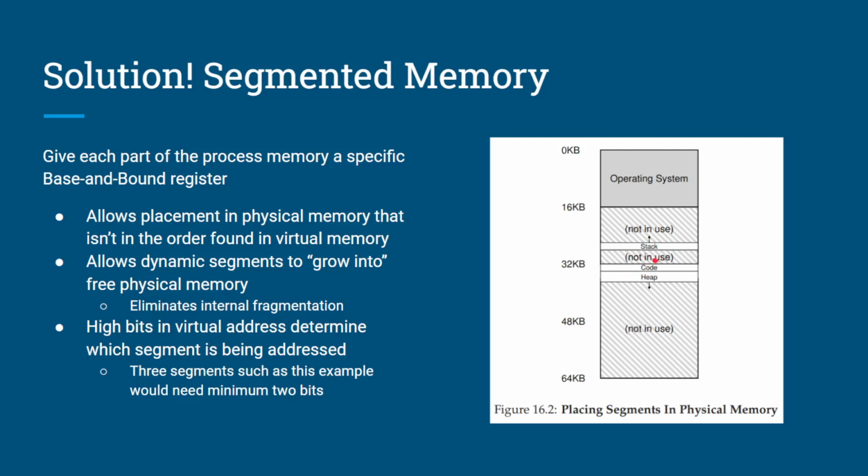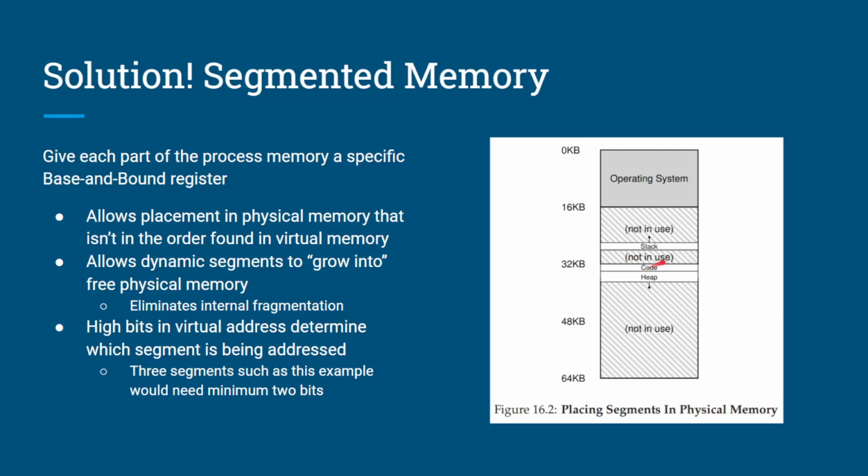We'll use one base and bound for the code. We'll set that value to 32 kilobytes. We'll have a second base and bound for the heap. We'll put that at 34 kilobytes. And then we'll have a third base and bound for the stack. Now the stack is a little bit different because the stack, unlike the heap which grows down, the stack grows up.